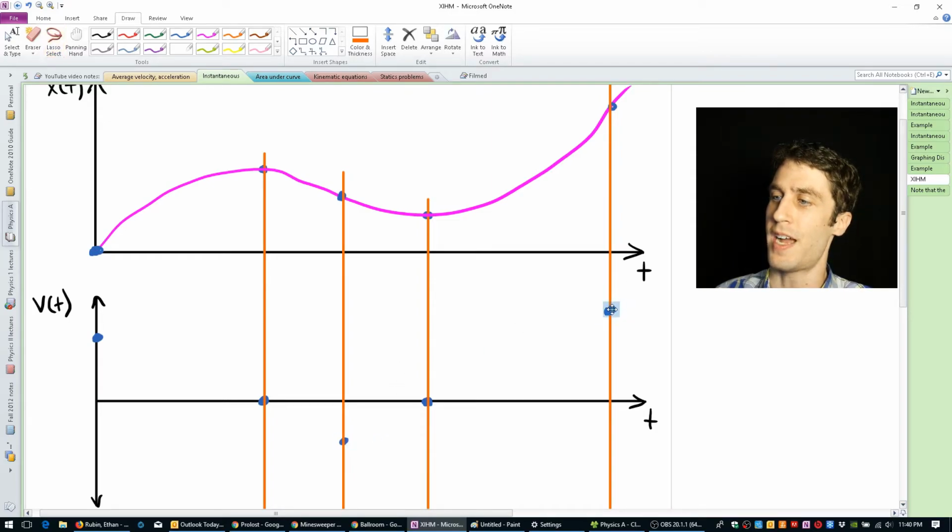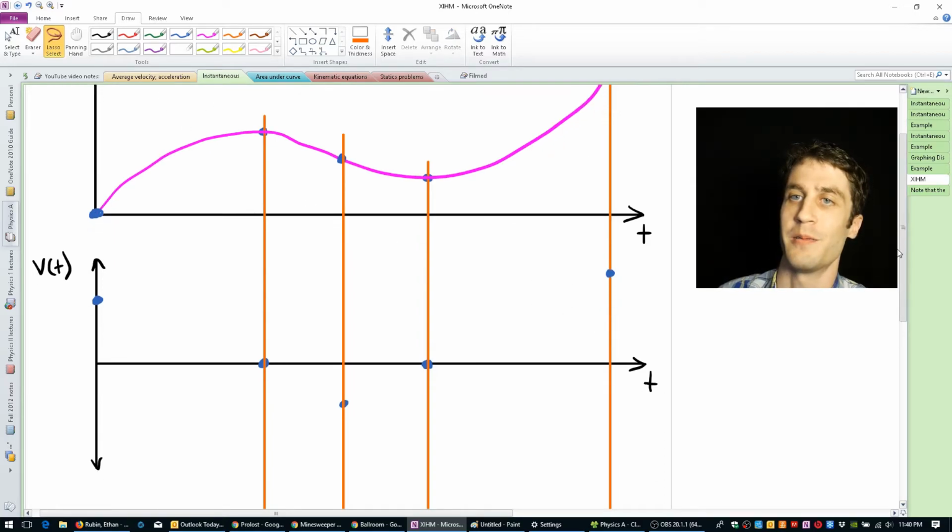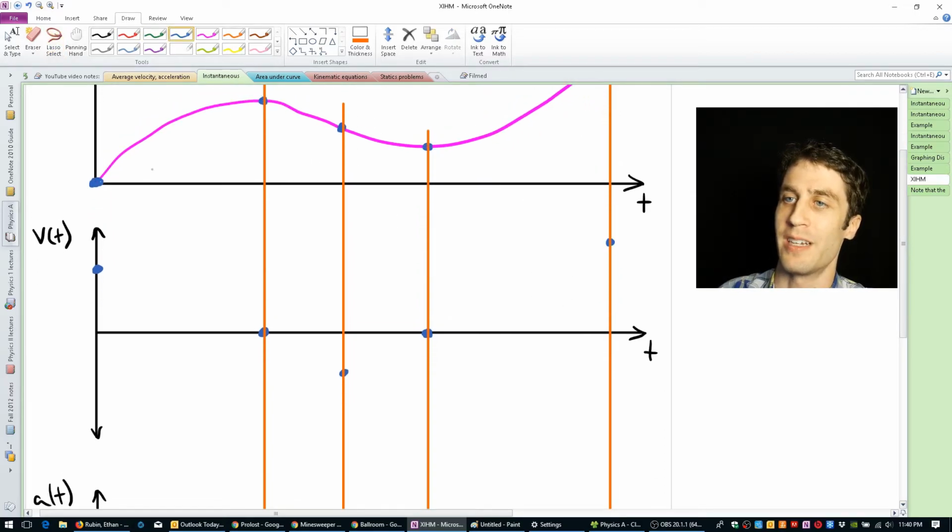We now have 5 points on our velocity versus time graph, and basically all we want to do is connect them with a smooth curve, not a straight line. And we don't want our velocity in this first region to ever be greater than this value, and we don't want it to ever be greater than this value, and we don't ever want it to be less than this value, so we're just going to connect these with a nice smooth curve. You guys probably know by now that I'm not an artist.